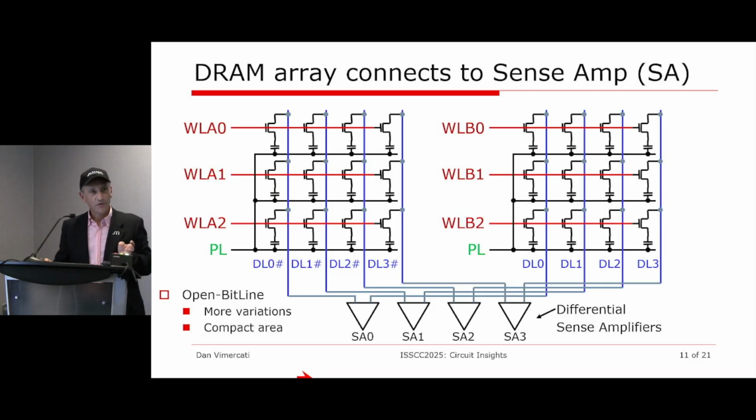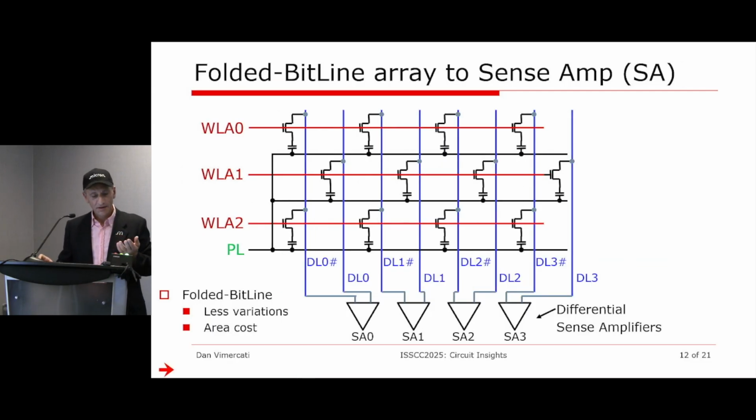So there is another configuration, which is the folded bit line. Just for my convenience, I drew it like this, but it is much denser than this. It has less variation, because as you see here, the sense amplifier connects to two adjacent digit lines, and any possible capacitance variability on this digit line is matched better on the one very close to it, instead of in another place.